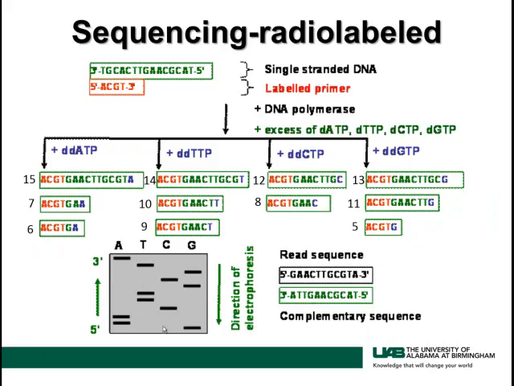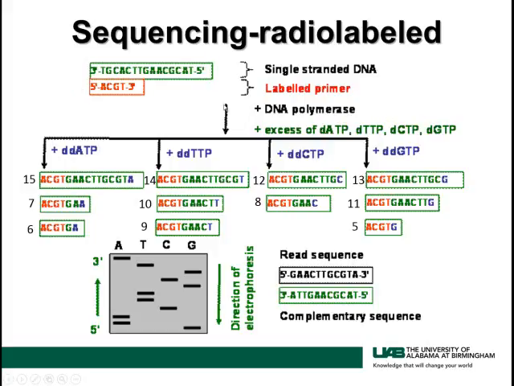If we go here, this is really just an example where all four tubes are set up. This is A, T, C, and G. They're all set up, and each tube contains the denatured DNA template that is to be sequenced, and then it's got a 4 nucleotide primer, labeled at the 5' end with P32.